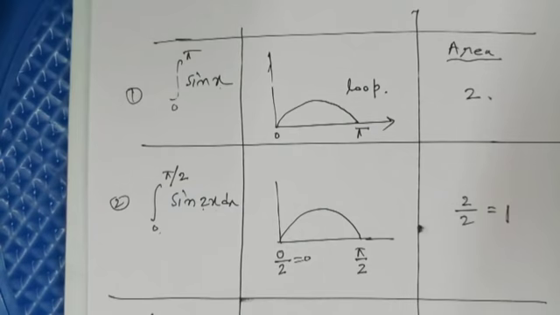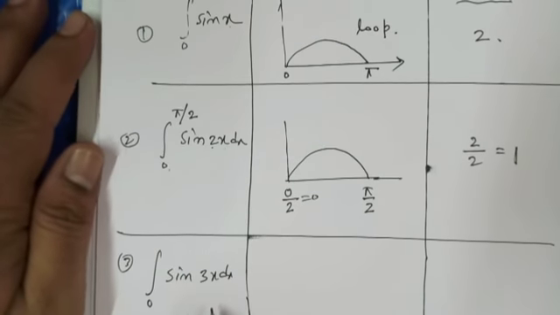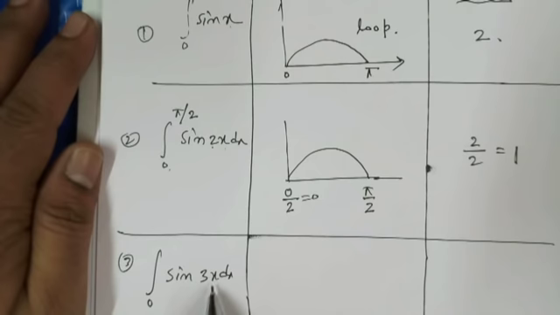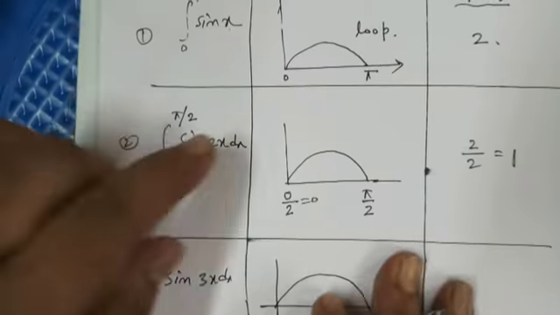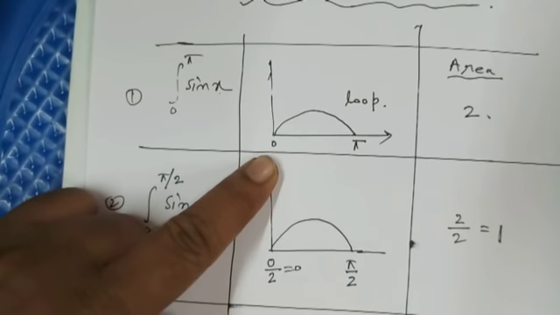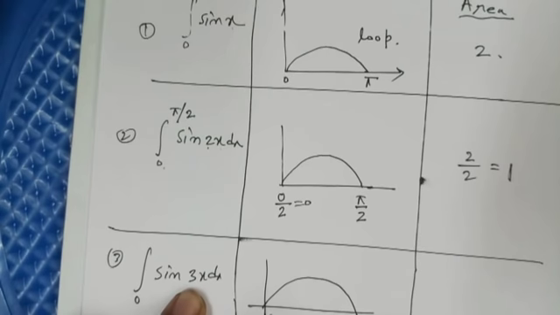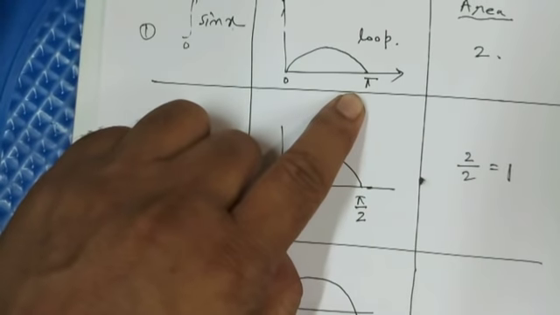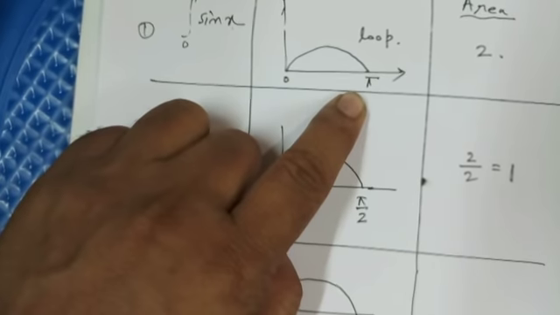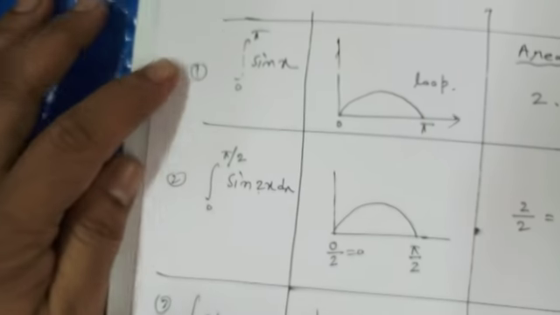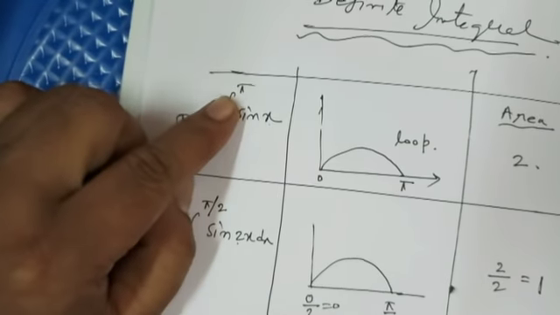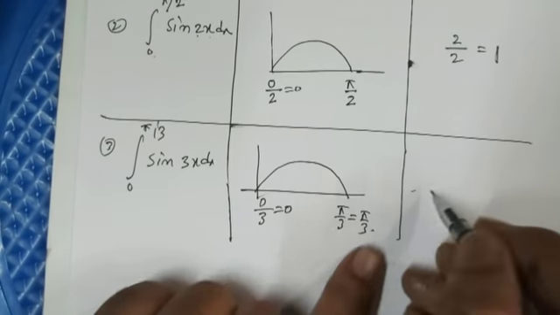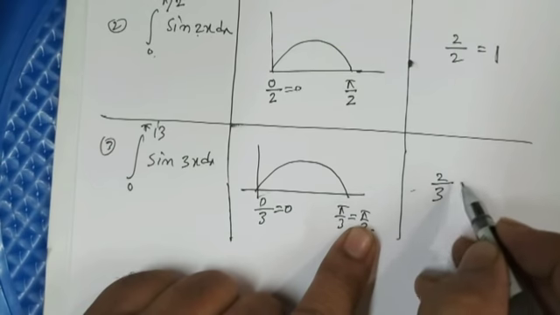When 3 is multiplied in the angle x, then 0 to pi, so 0 will be divided by 3, so this will be 0, and this is also divided by 3, that is pi by 3. So the upper limit pi is also divided by 3, pi by 3. So the area will be 2 upon 3.